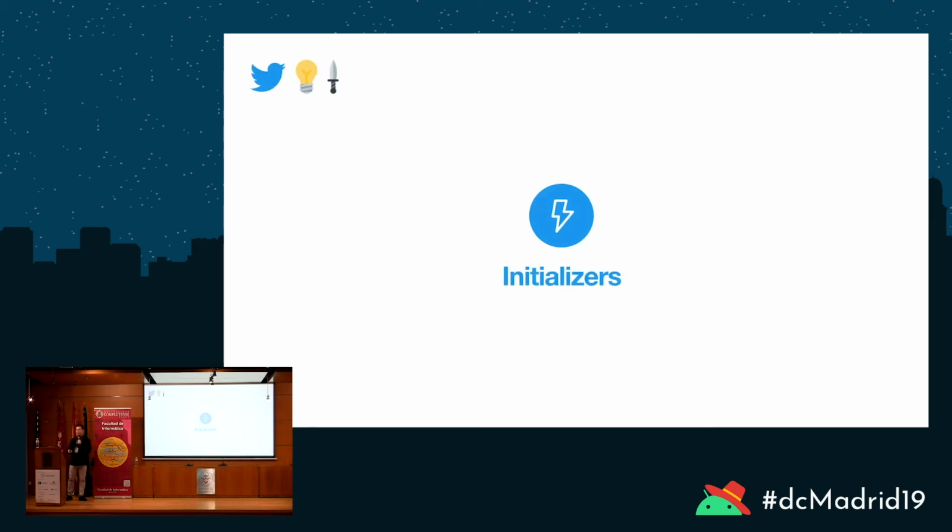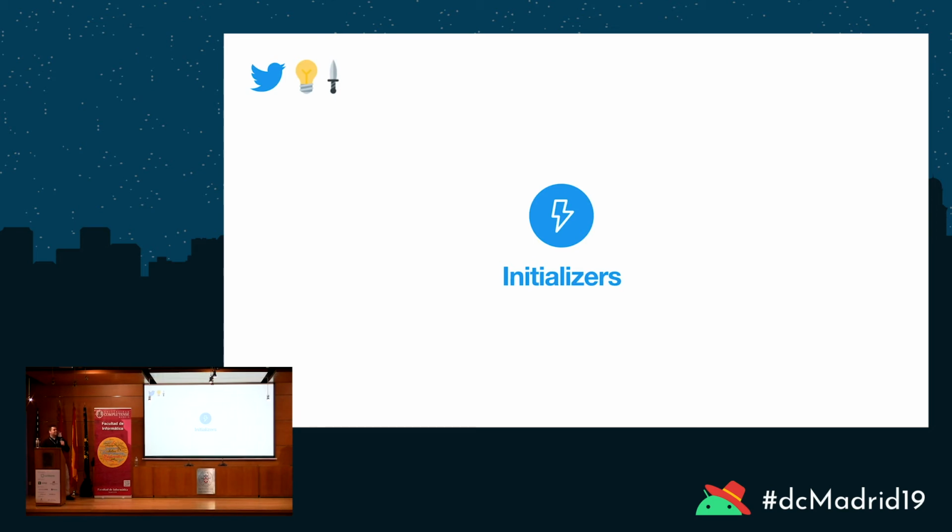Like for example, we can talk about initializers. Typically, when your application starts, you might want to start using Google Analytics, or you use Fresco, so you need to initialize Fresco, or Room, or whatever you're using.